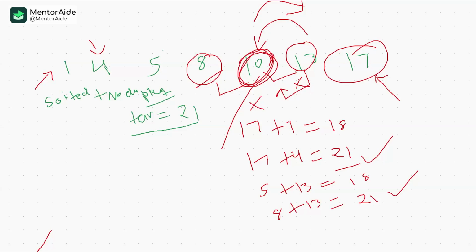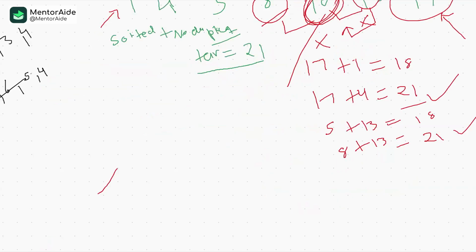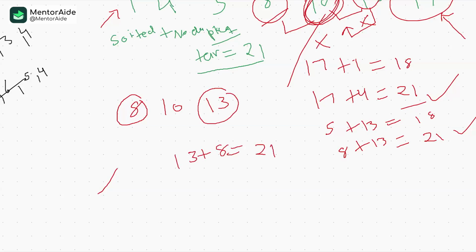Okay, let's separate those 3 numbers. We have 8, 10, and 13. Our first pointer was at 8. Our second pointer was at 13. We added 13 plus 8, which was equivalent to what? 21. So 21 is equivalent to the given target.